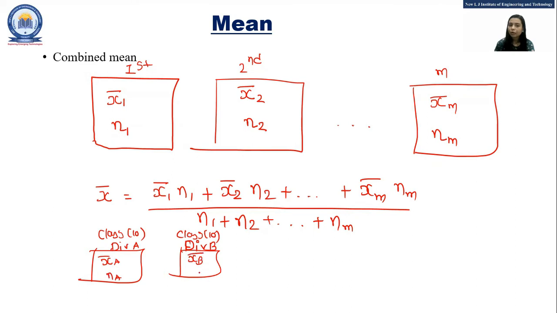The x bar of division B, that means the average result of class B, and the number of students in class B are given. Suppose x bar A is 85 and nA is 50, and similarly nB is 50 and x bar B is 86. Now if you want to calculate the average result of 100 students, that means the result of division A and division B combined, at that time we can make use of this combined mean method.